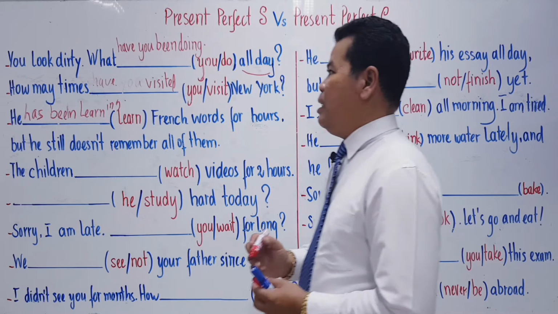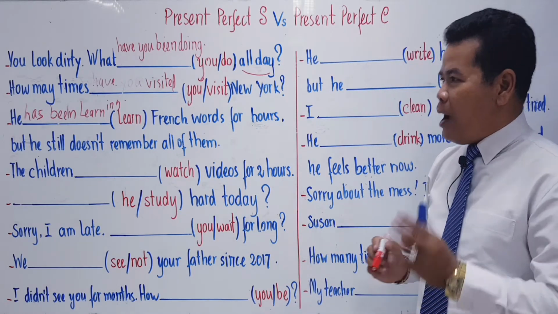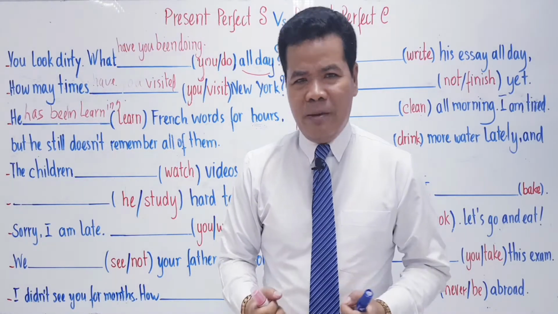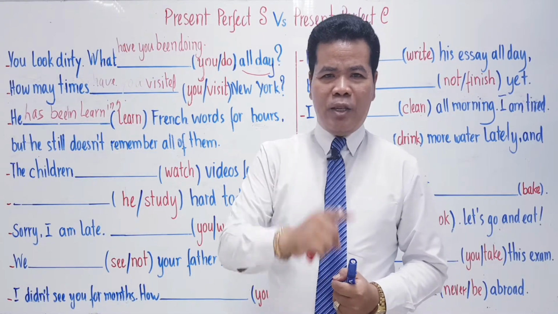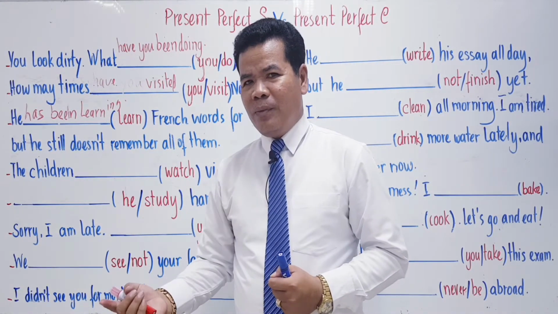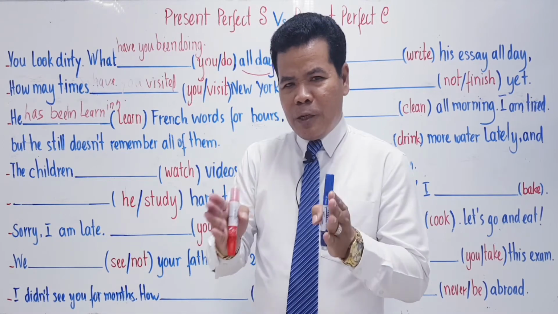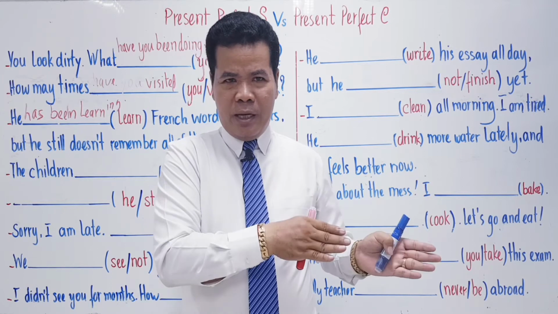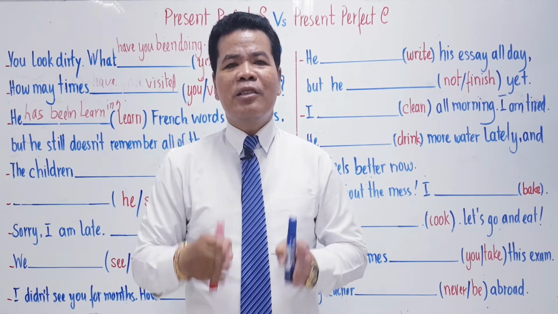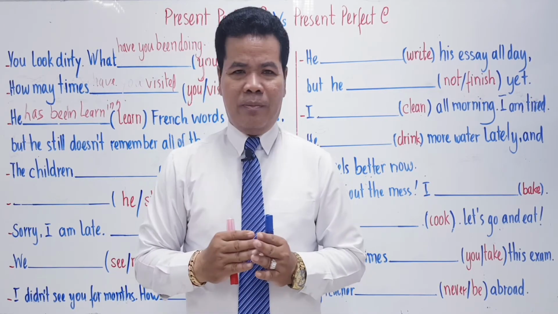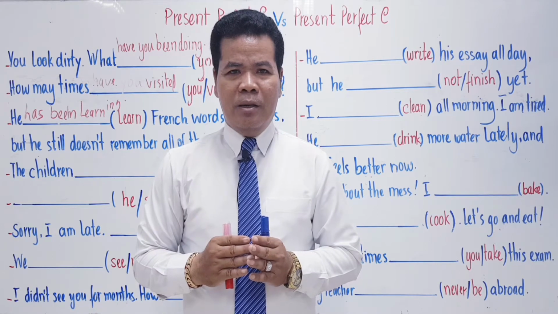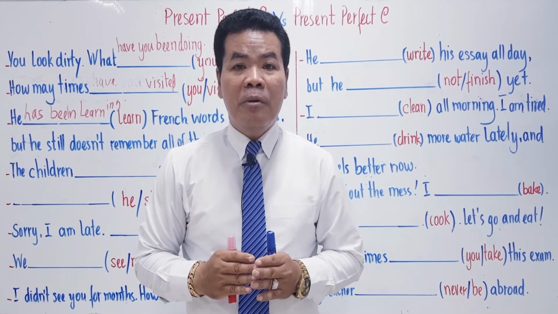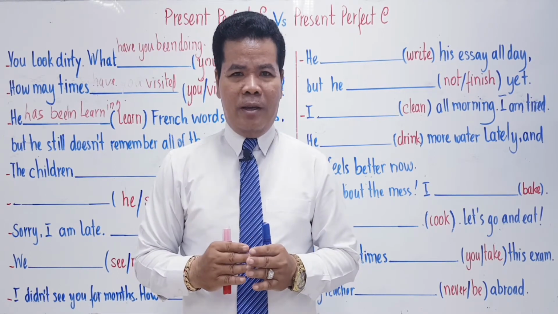He has been learning French words for hours, but he still doesn't remember all of them. The action started in the past, stopped recently, and then the result in the present, he still doesn't remember all of them. Okay, so the right choice is present perfect progressive, right?